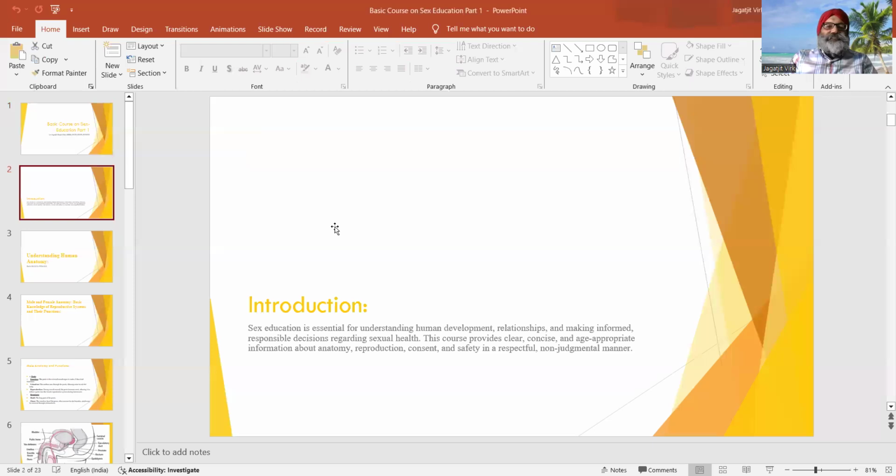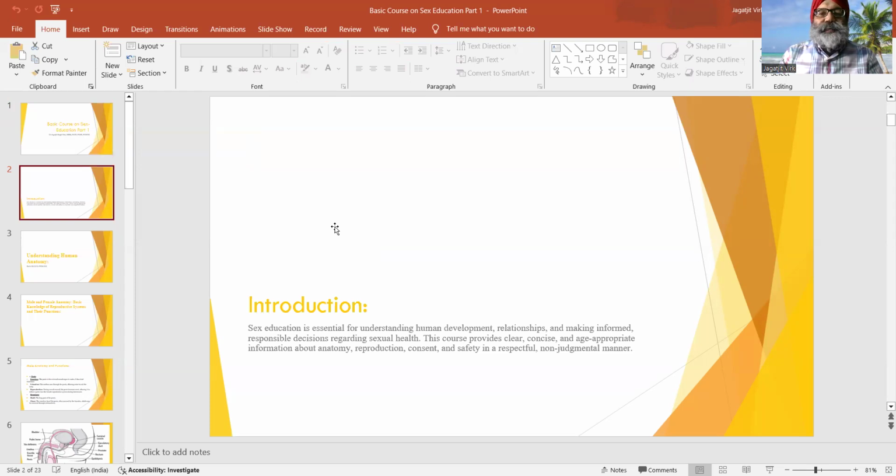In its introduction, sex education is essential for understanding human development, its relationships, and making informed, responsible decisions regarding sexual health.